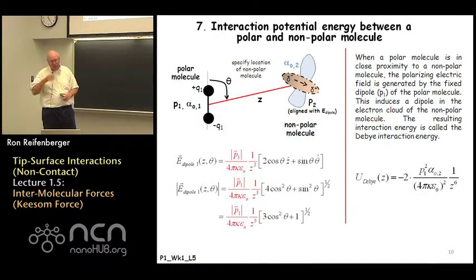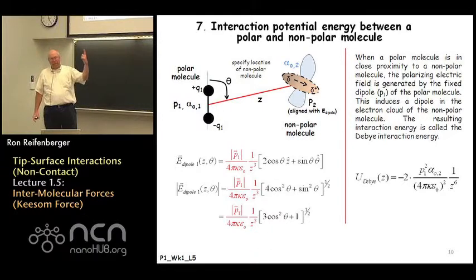The next logical point of discussion in this topic is to consider what happens if a molecule that has a permanent dipole moment interacts with a molecule that's nonpolar, that has no dipole moment. And again, you might think that there would be no net interaction between these two entities, because the dipole moment of the nonpolar molecule is 0.